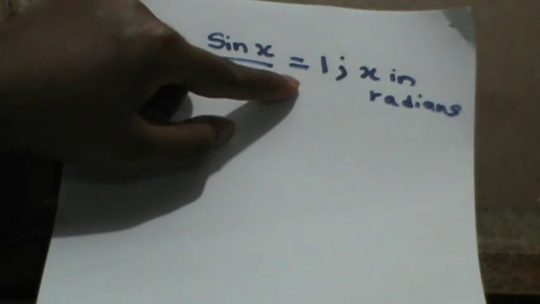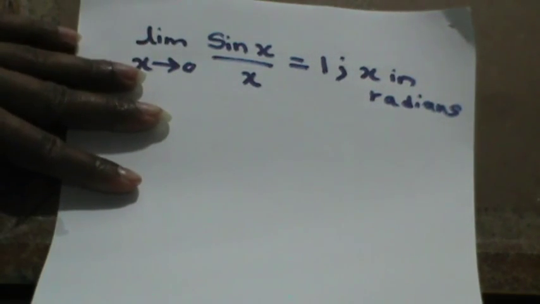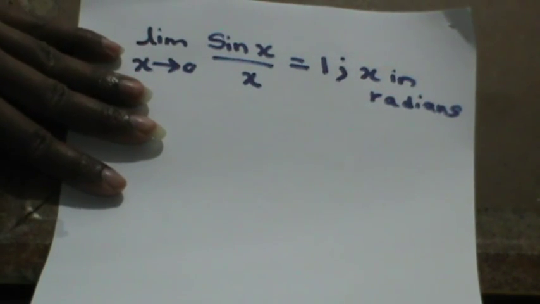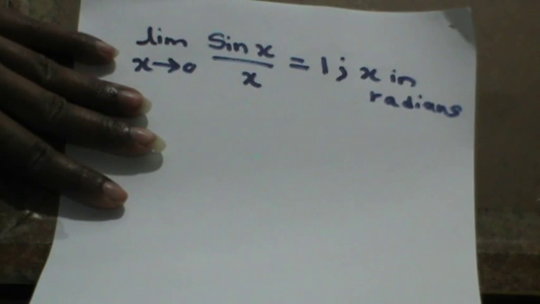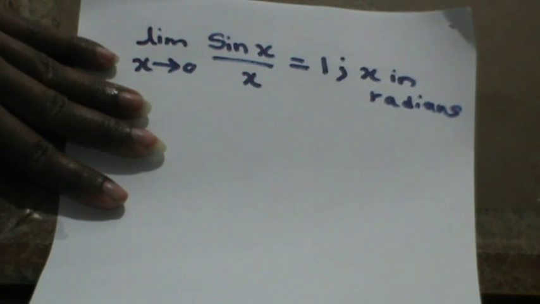In one of the previous videos I explained the theory of powers in limits: when x goes to a, the value of x to the power n minus a to the power n, divided by x minus a, is equal to n times a to the power n minus 1.